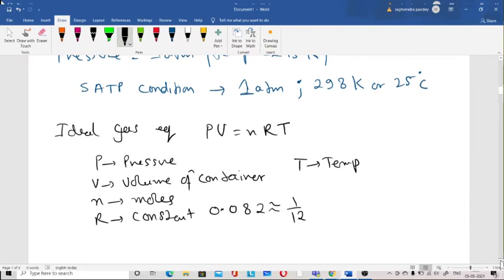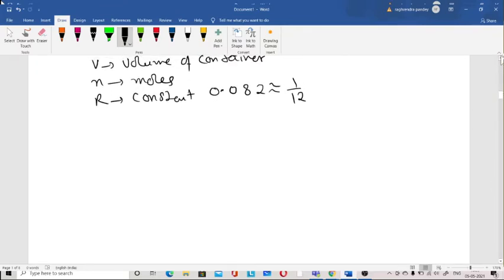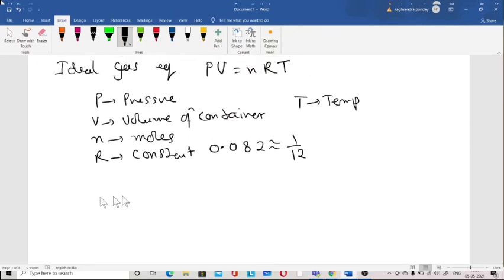So when we put pressure equal to 1 atmosphere. Pressure has several units, torr is there, Pascal is there, but we will use the standard unit, that is atmosphere. We use atmosphere only in chemistry and in physics.